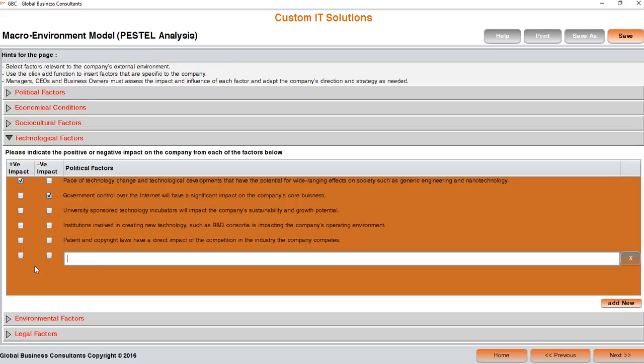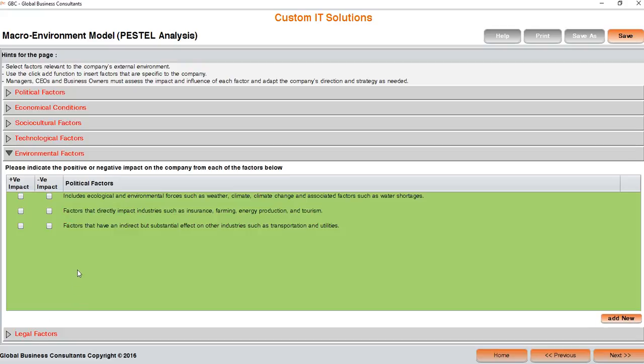The one that's not in there that I'm going to add as a negative impact is the rate at which 3D technology is entering the market. This tends to impact us because we don't have any 3D designers, and it's something we need to start planning for. So I'm going to include that.